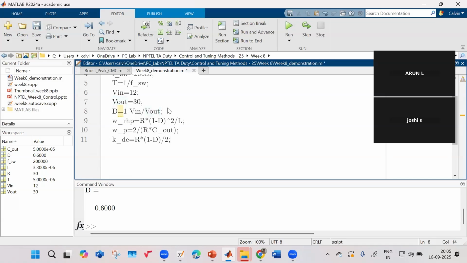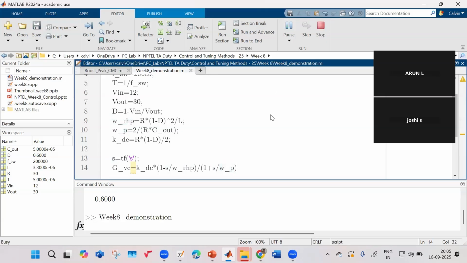These are your values, so let us find the transfer function. Transfer function of S, and your GVC is KDC into (1 minus S upon omega RHP) by (1 plus S upon omega pole).